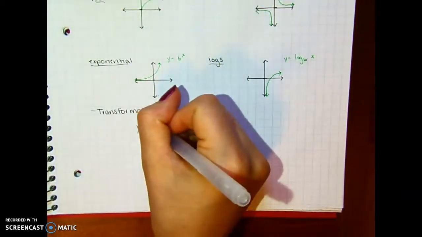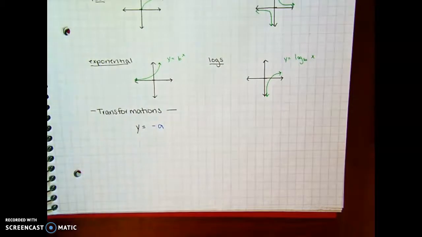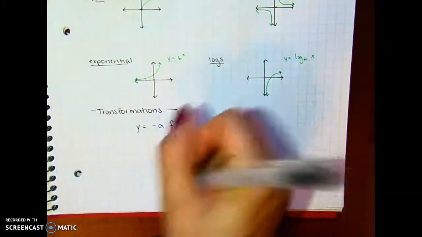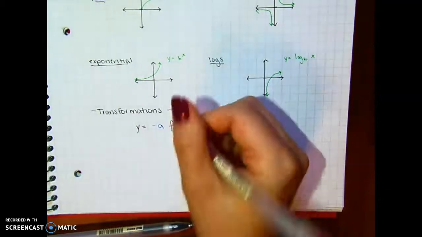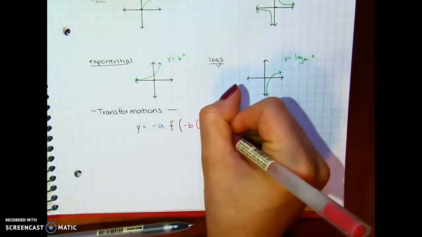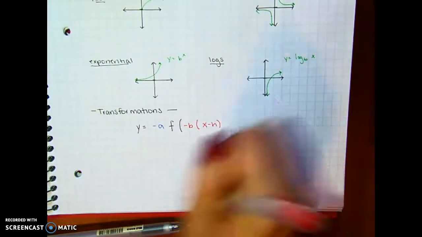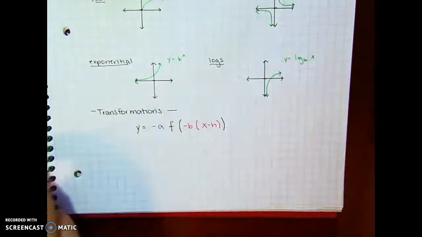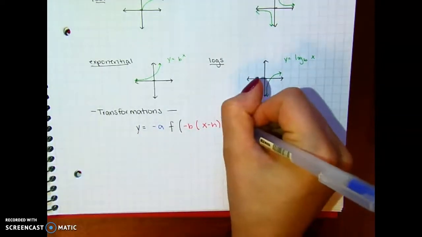So negative a, and then I'm just going to use function notation since we have so many different functions. So whatever the function is, and then inside the parentheses we have minus b, and then x minus h. Then close that whole function's parentheses, and then on the outside we have plus k.